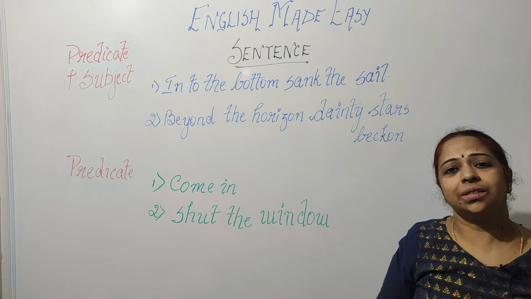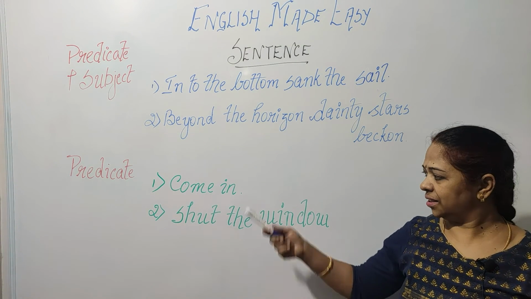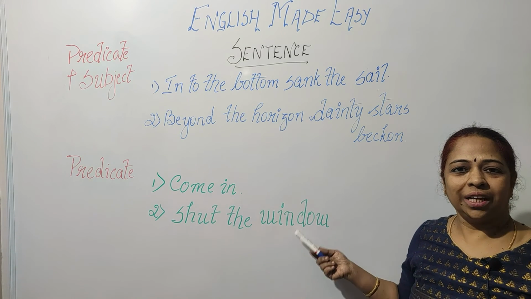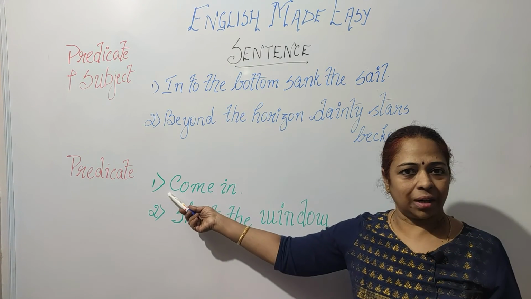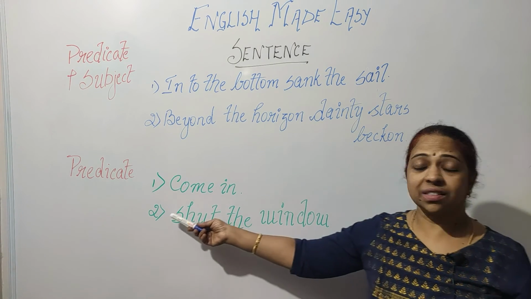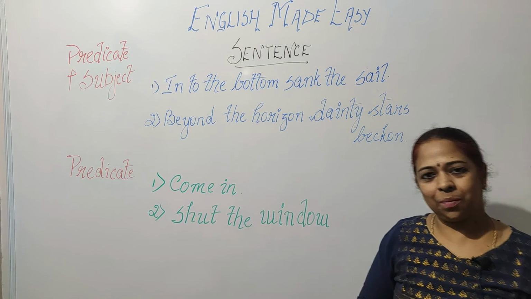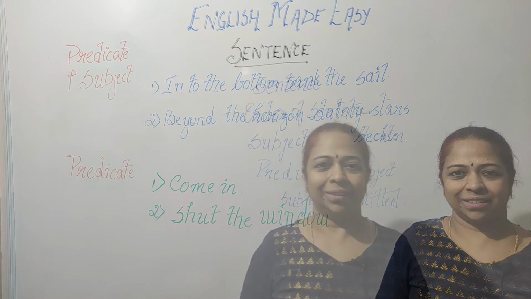Sometimes the subject is completely omitted. For example, come in, shut the window. In this case, you come in, you shut the window. So the subject is omitted. This is called as the imperative sentence.